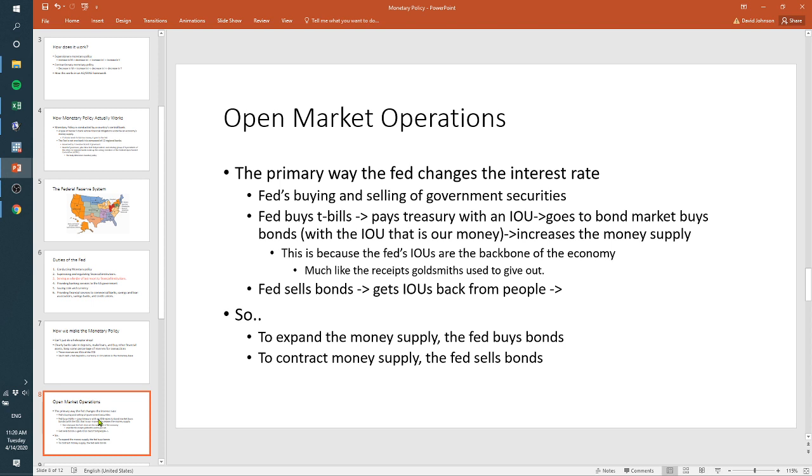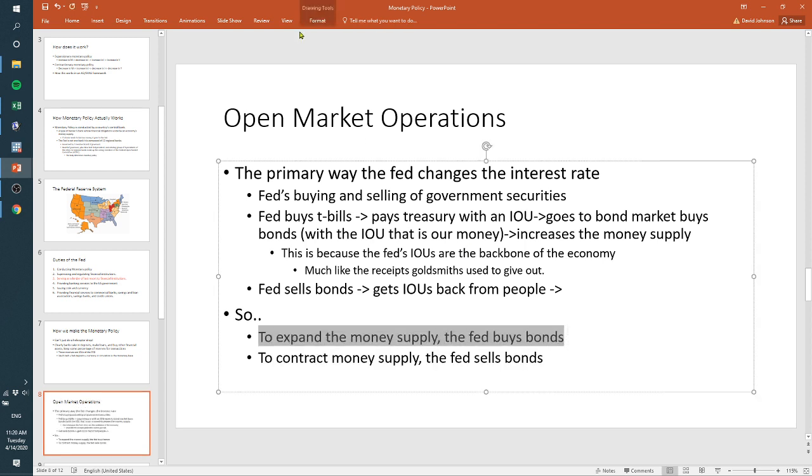This ends up increasing the interest rate because the money supply has fallen, so that decreases the money supply. So when open market operations work correctly, to expand the money supply, the Fed is going to buy bonds.